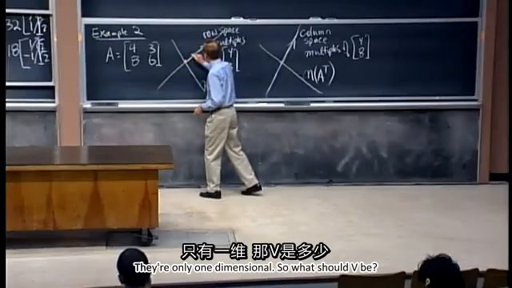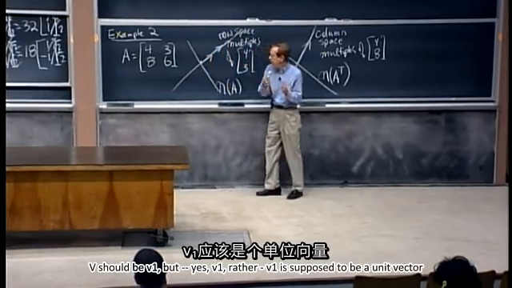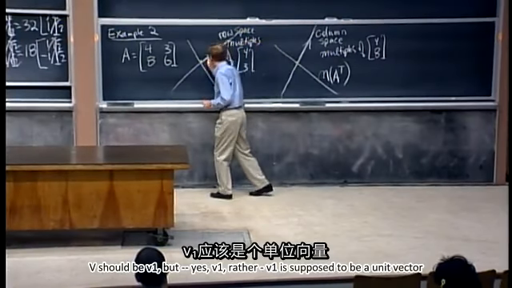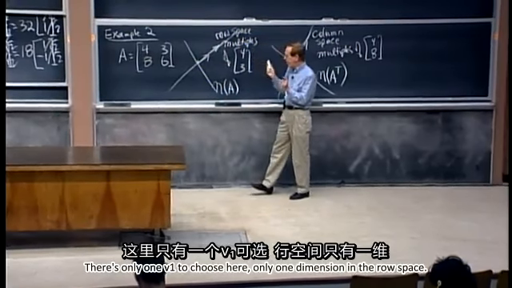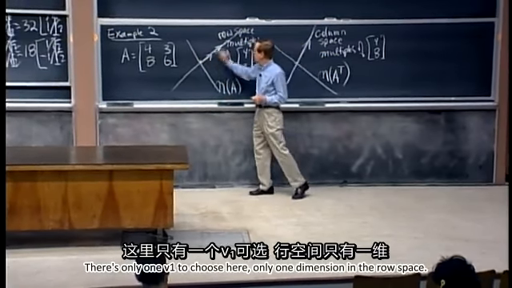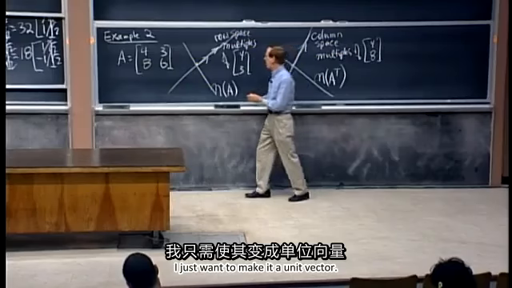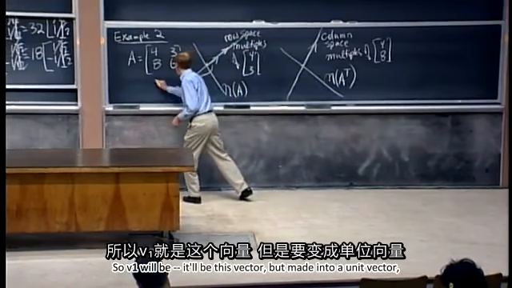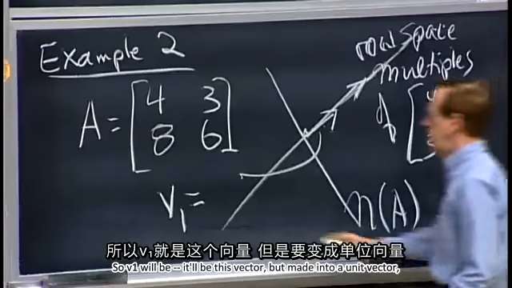So what should V be? V should be V1 rather. V1 is supposed to be a unit vector. There's only one V1 to choose here, only one dimension in the row space. I just want to make it a unit vector. So V1 will be this vector, but made into a unit vector.